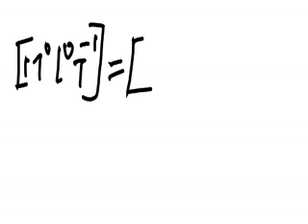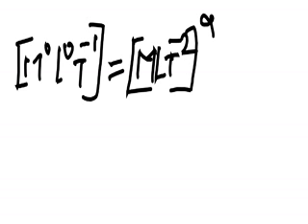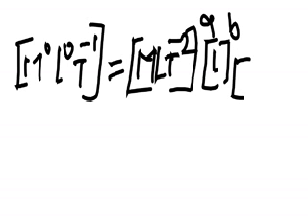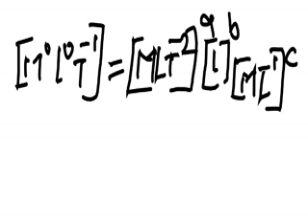Now M L T to the power minus 2 is having power A, L is having power B, and mass per unit length, M L minus 1, having power C.